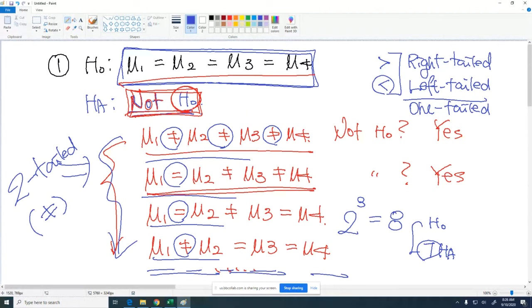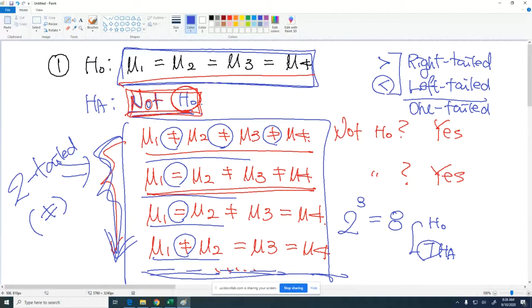All of them are not equal, and all of them are not H0. So we combine these statements together.